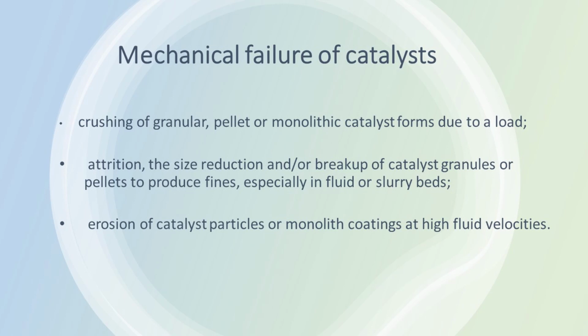Attrition, the size reduction and/or breakage of catalyst granules or pellets to produce fines, especially in fluid and slurry bed reactors. And erosion of catalyst particles or monolith coatings at high fluid velocity.